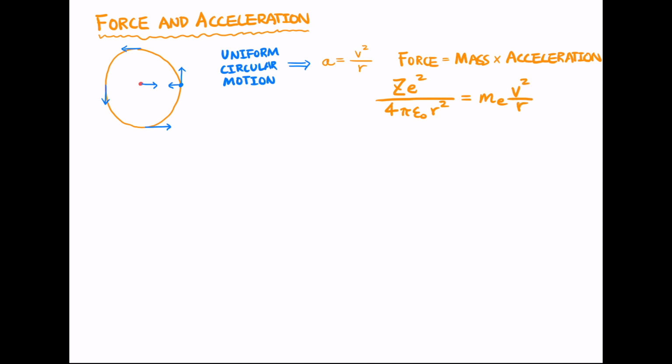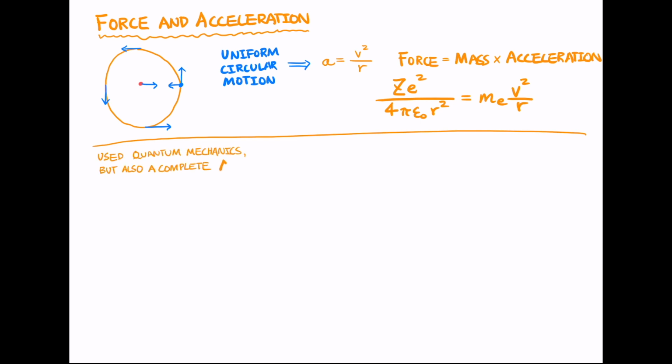So far, Bohr only used concepts from classical physics, which he already knew wouldn't be enough to describe his model of the atom. In the third and final equation, Bohr employed quantum mechanics, but it was also a complete assumption. That is, it had no experimental basis yet. It was nothing more than just sophisticated guesswork.